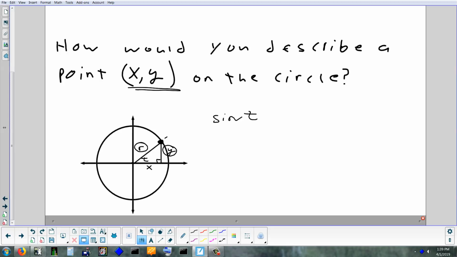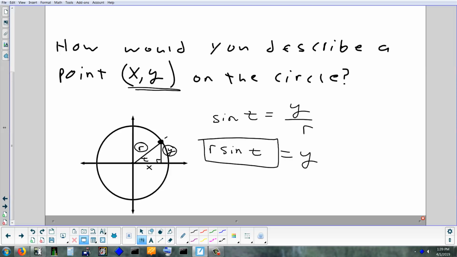The sine of your angle equals what you guys just said: opposite over hypotenuse. Now I'm trying to get a set of parametric equations. That means one formula for y, one formula for x. What's the formula for y? R sine t. That is the formula that will tell you the position of the y value part of the coordinate.